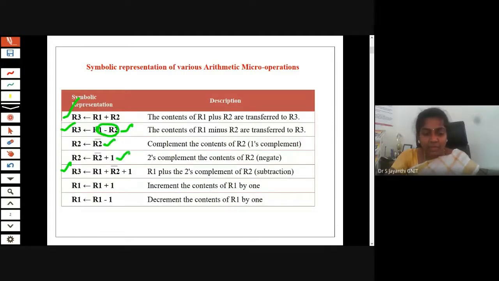And R2 dash plus 1 is called the 2's complement, otherwise the negate operation. Since the R1 value is incremented by 1, it is known as increment. And when R1 is decreased by 1, it is known as decrement, decrementing the content of R1 by 1.